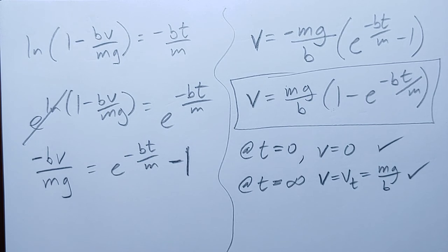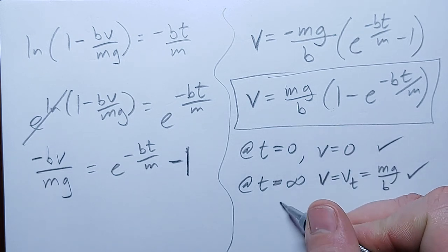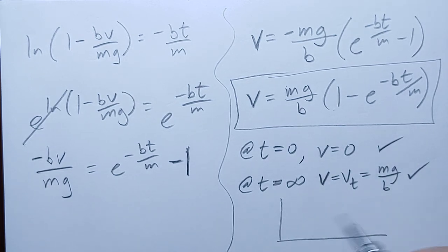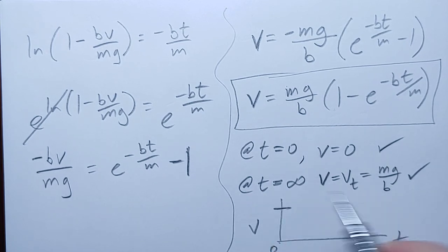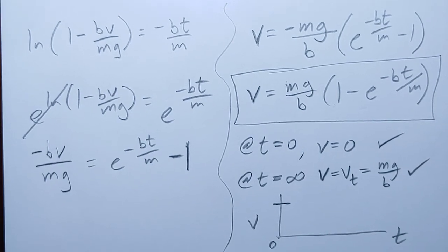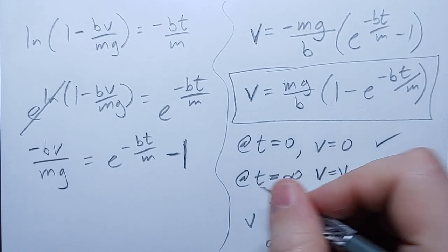And so both of our limits do exactly what we expect. It behaves the way we expect it to at time 0, and at infinite time. And if we were to actually plot this, remember that the graph we predicted in the first place is that we should start at 0 and we should asymptotically approach our terminal speed, which is mg over b.